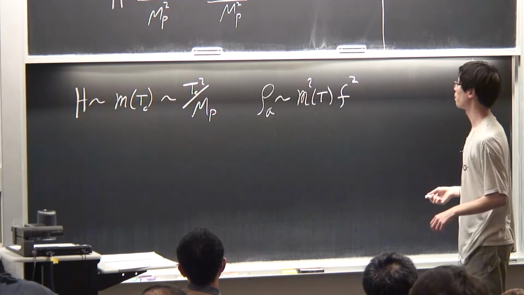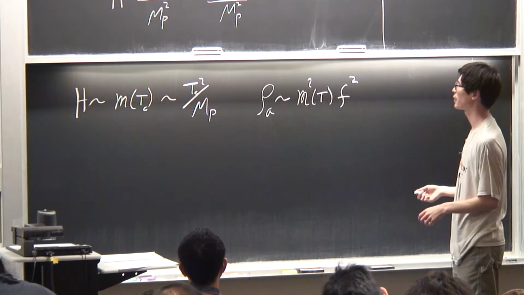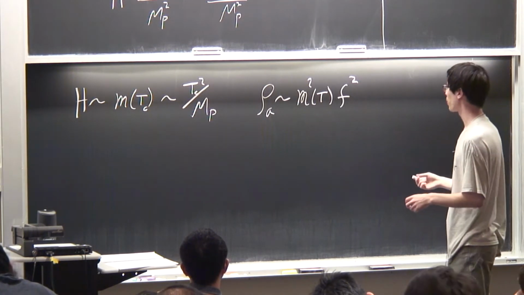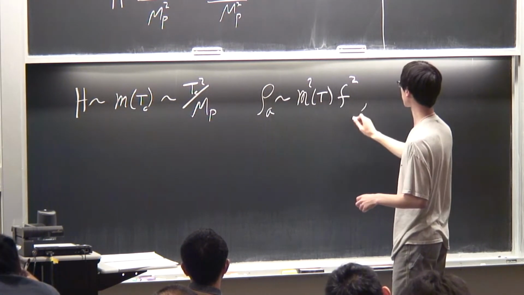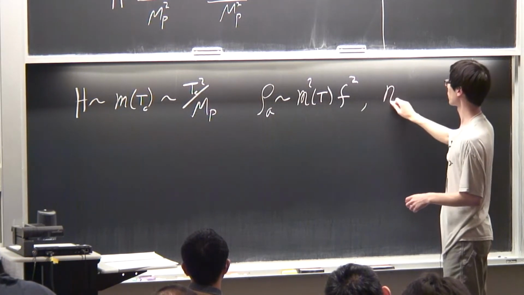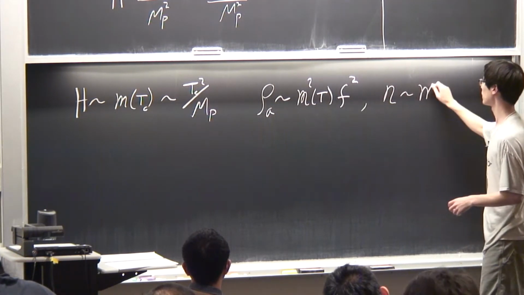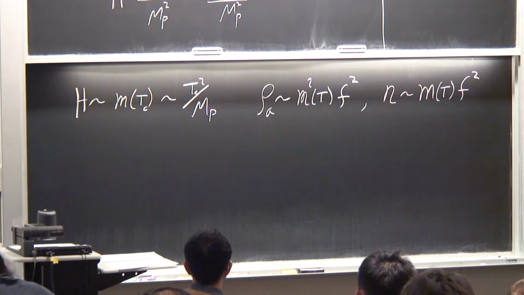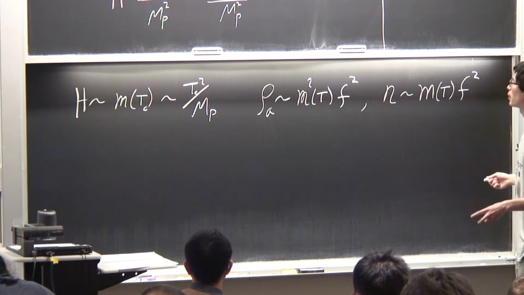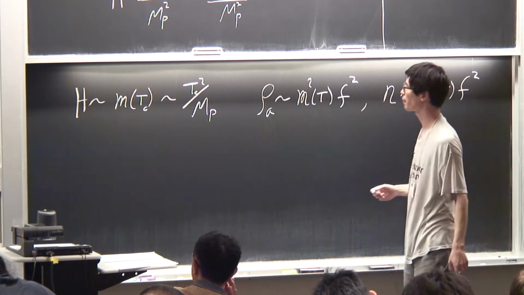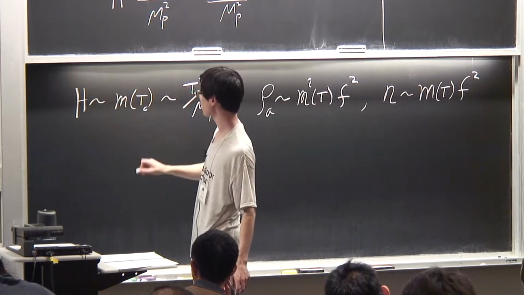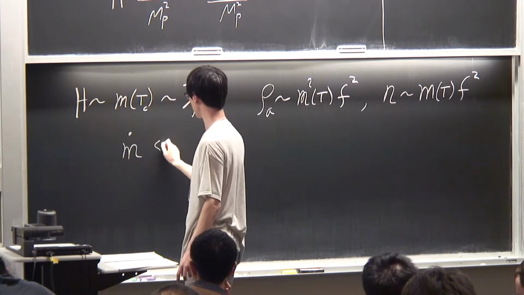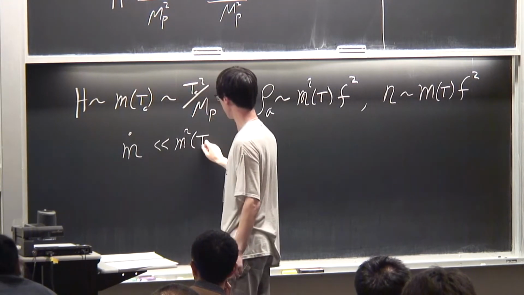However, because m is increasing, this is not the quantity that's most useful to us. What's most useful to us is actually the number density. The number density of particles is the mass times F squared. The reason why this is important is because in the case of the axion, it turns out that at this point, m dot is much less than m squared of T critical.